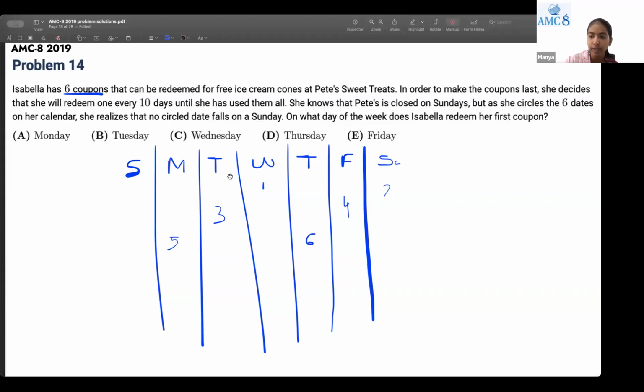And when we do Wednesday, none of the dates will fall on a Sunday. And so that means that the first day that she will start on is C, Wednesday.